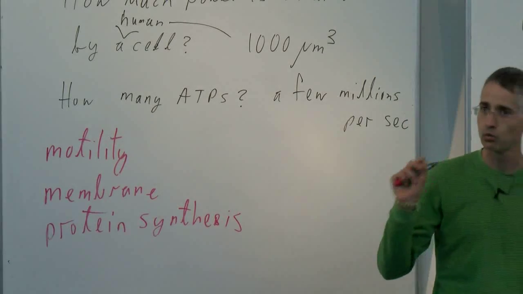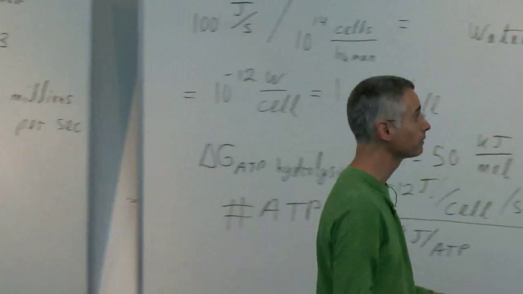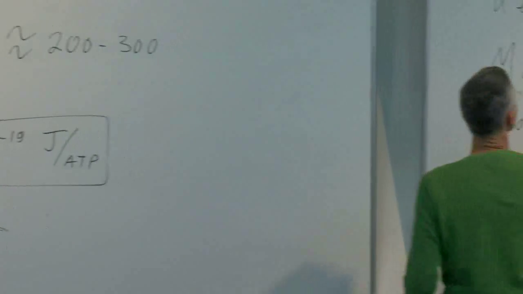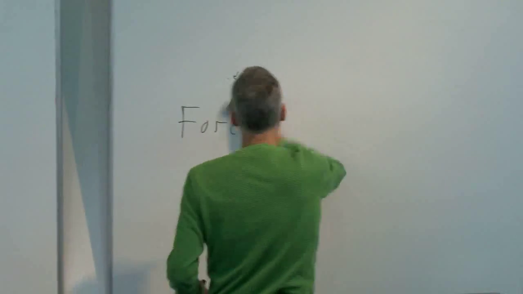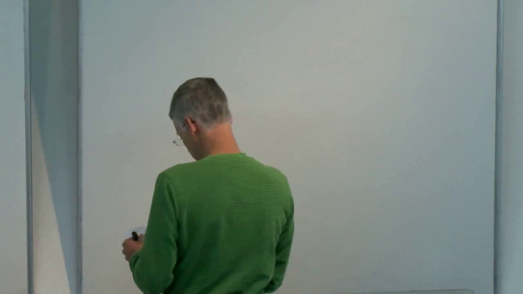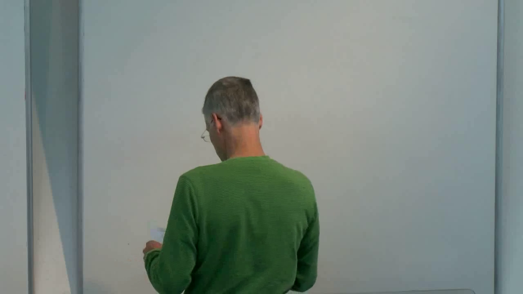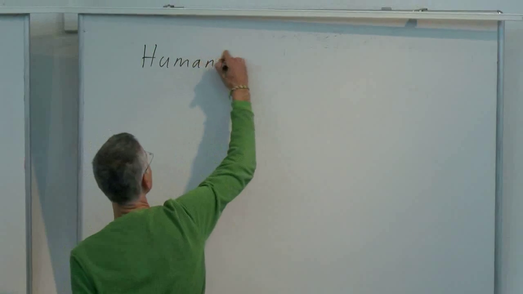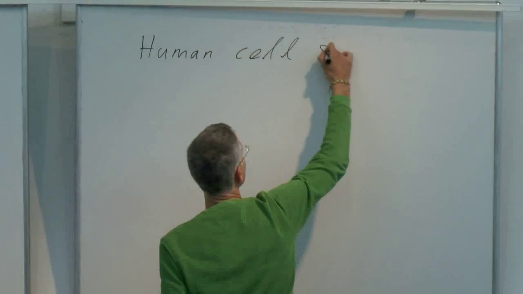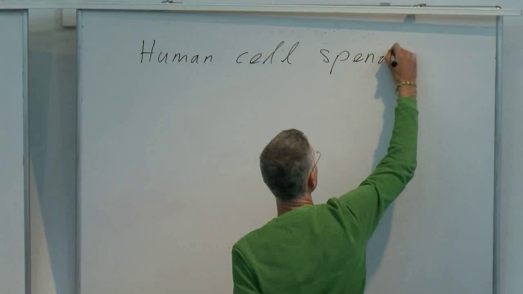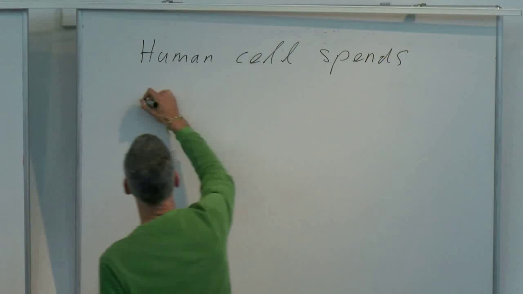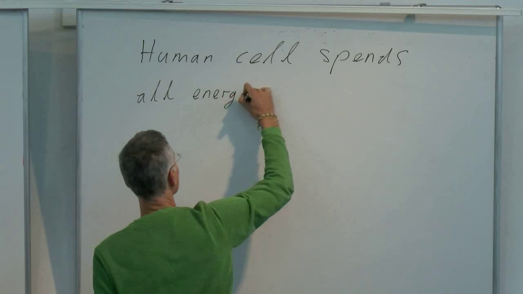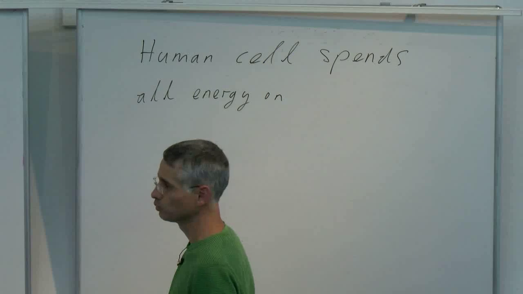So I want to zoom in on one of them and analyze it some more. And for that, I'd like to ask you the following. Let's take just one of those processes. Let's say I have a human cell that decides to spend all of its energy on which process would we choose?